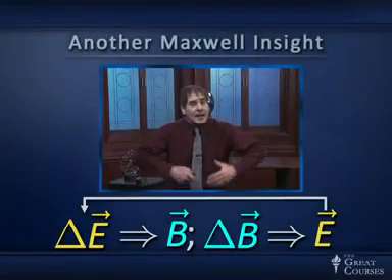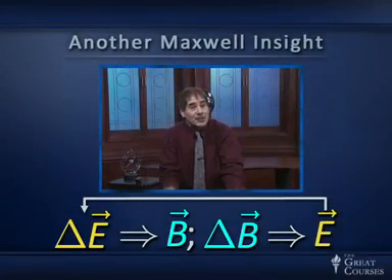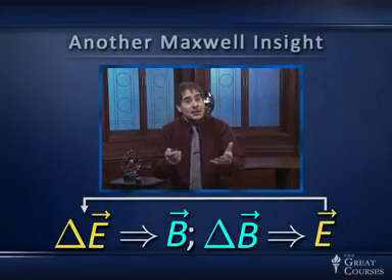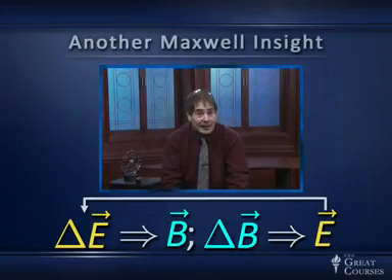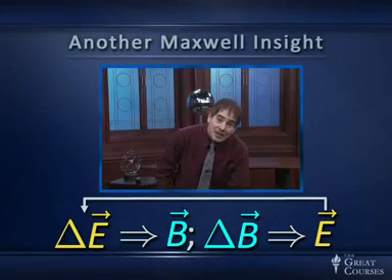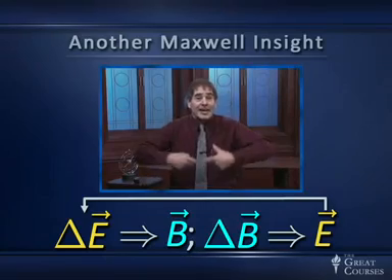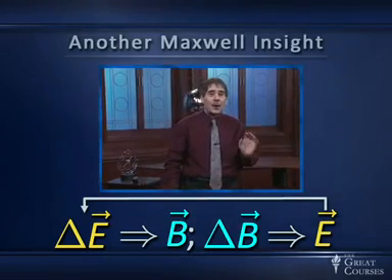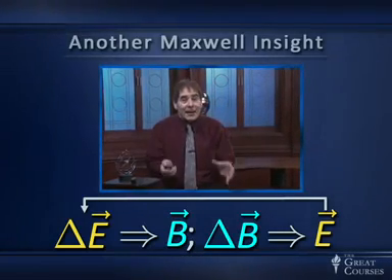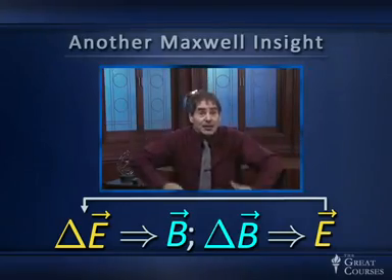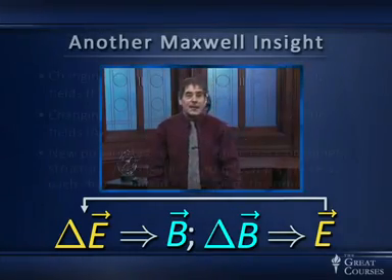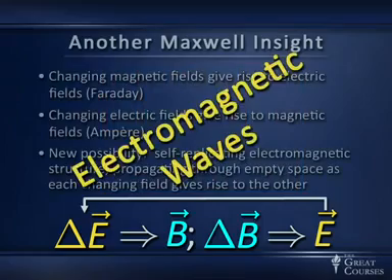Change in electric field gives rise to a magnetic field, which itself is likely to be changing, and the change in the magnetic field gives rise to an electric field, and that process repeats itself, that electric field changes, and we get this self-replicating structure propagating through space and carrying with it electric and magnetic fields that are continually regenerating each other. That structure is called an electromagnetic wave.